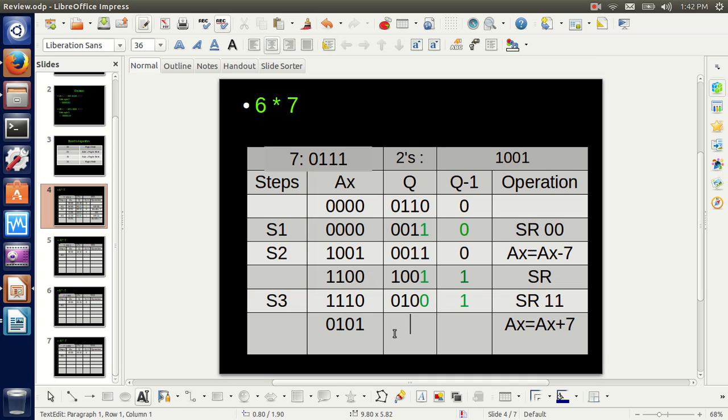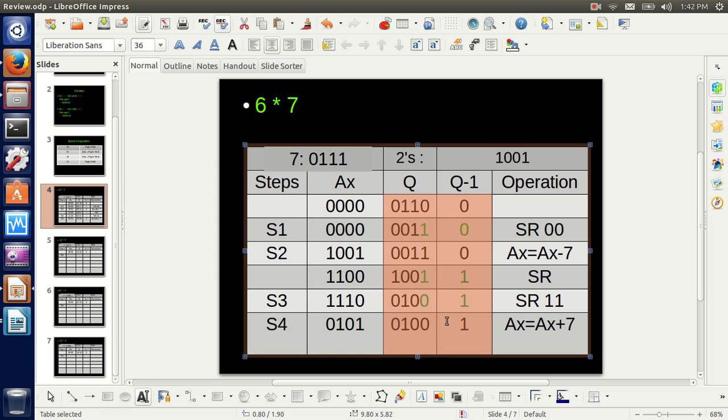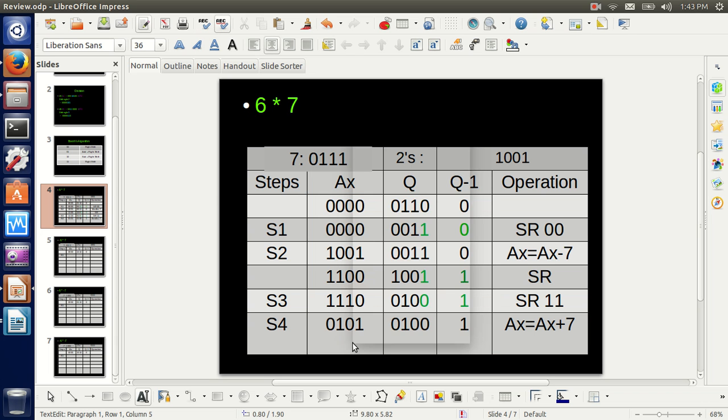This stays as is, 0 1 0 0, and here I'll have a 1, and this is step 4, last step. Why? Because I have 4 bits. 6 and 7 are 4 bits, 3 for the number and 1 for the sign, so I'll have 4 steps. If I had 7 bits, I'll have 7 steps.